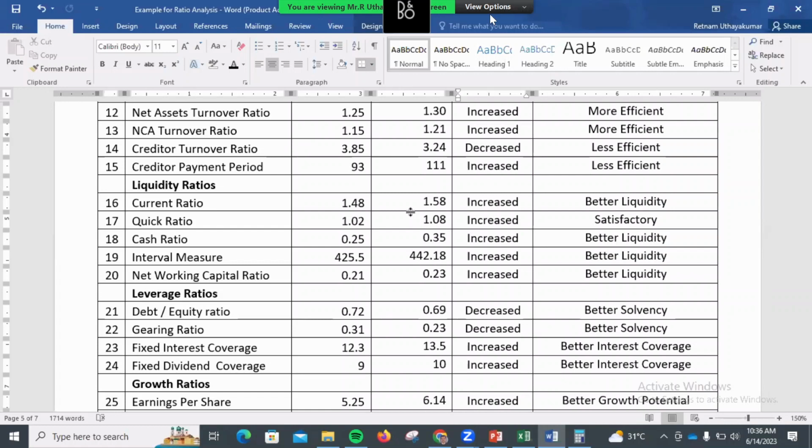Leverage ratios. Debt to equity, gearing, fixed interest coverage, and fixed dividend coverage are taken here. Long term debt is not given here. So debt to equity decreased, gearing decreased, fixed interest coverage increased.